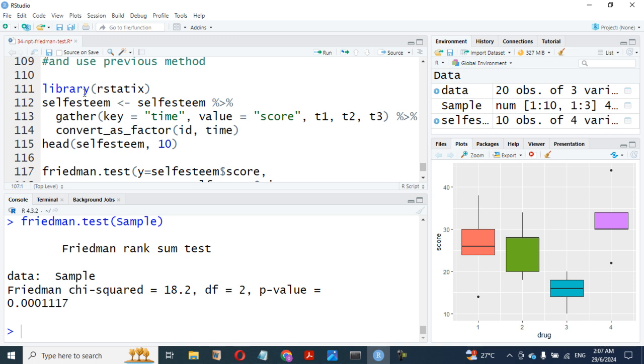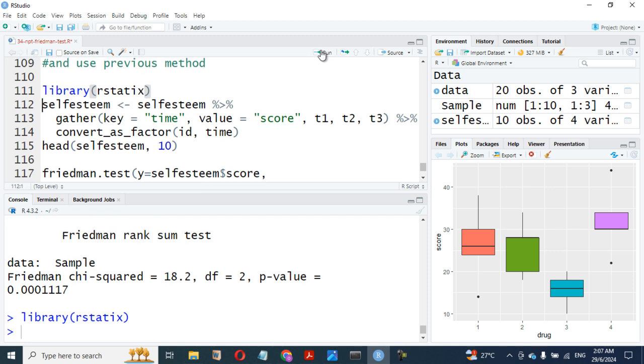You can install rstatix with library, so that it will help you work together. Let's use piping, with the gather function from this library. We want to key our time and score, so 1, 2, 3, this 3 will convert to ID and time. Then we can just look at the first 10 rows. All right, so let's run this together.